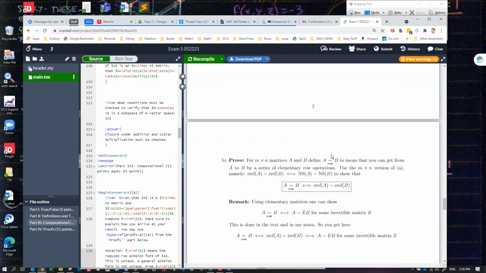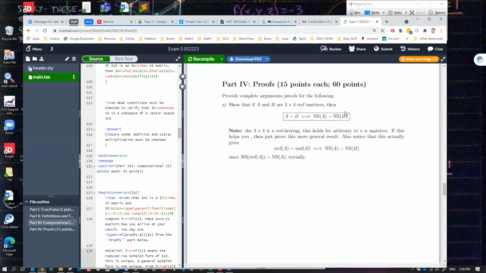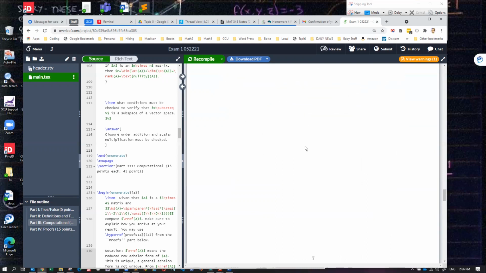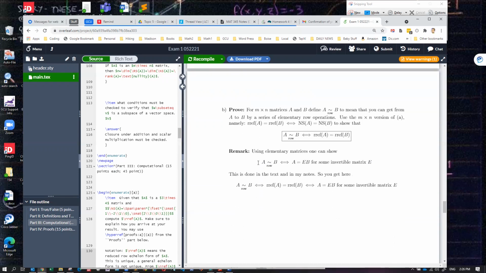Since they have the same null space, you can use your answer from before to conclude that you arrive at the same reduced row echelon form for both A and B. Not the answer, but just the fact. You're going to use this boxed thing right there. That makes more sense. Okay.